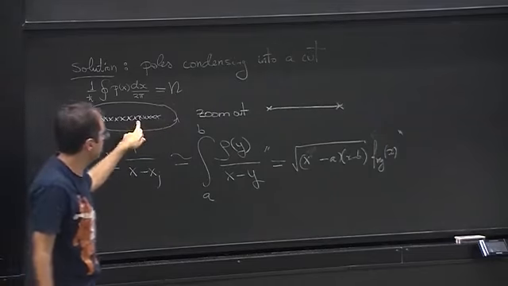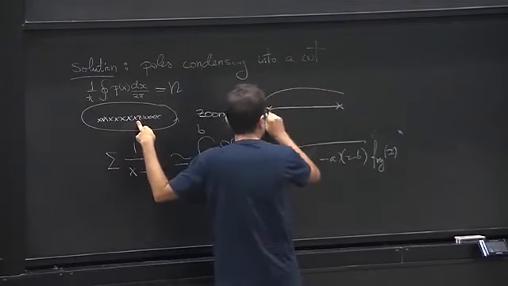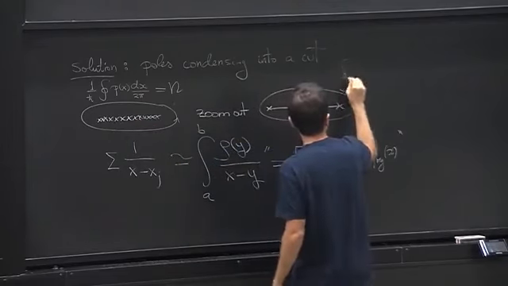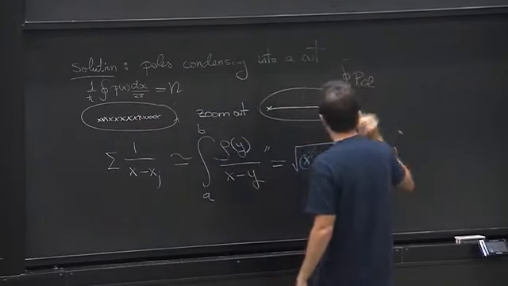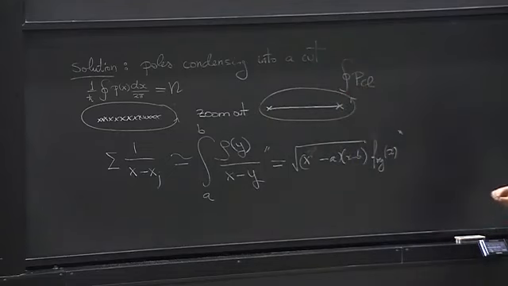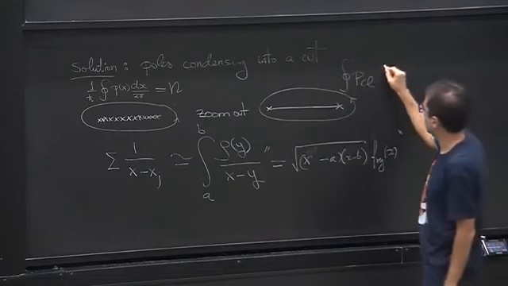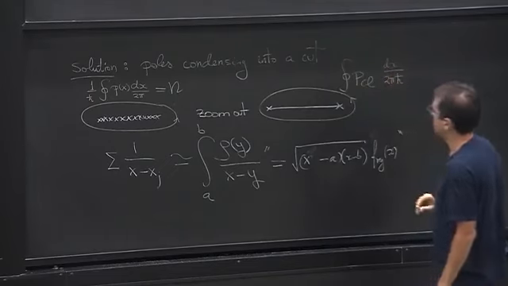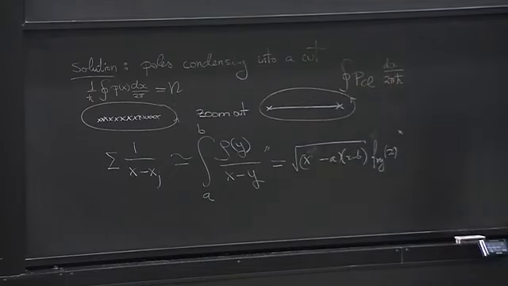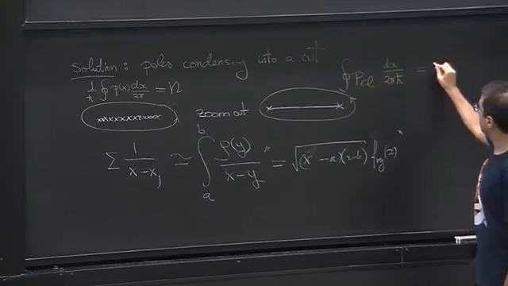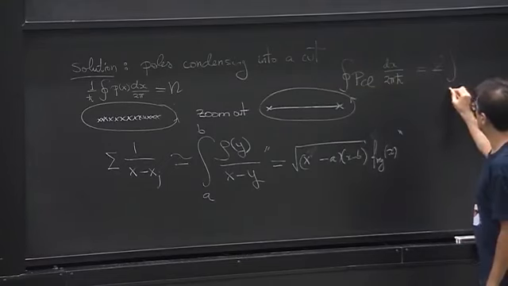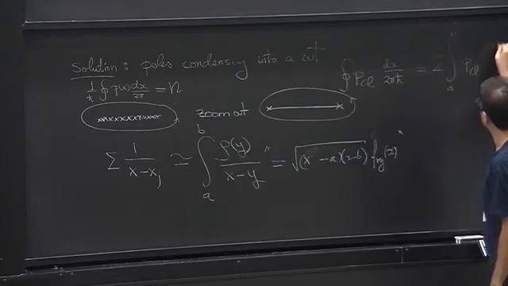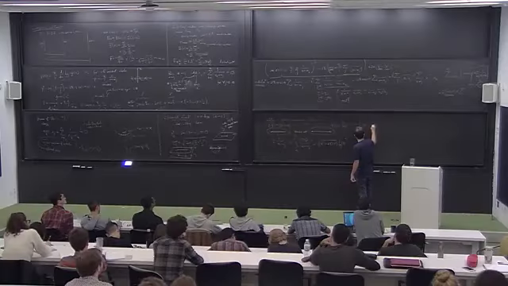But on the other hand, when they condense into a cut, this integral, when I go around the cut, of my p classical dx over 2 pi h bar, is just equal to twice the integral from a to b of p classical dx over 2 pi h bar.